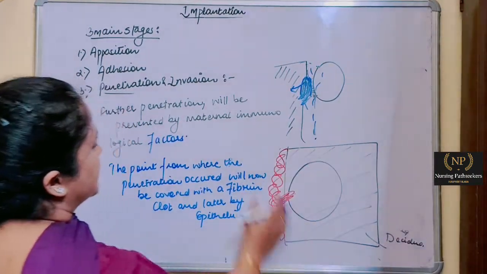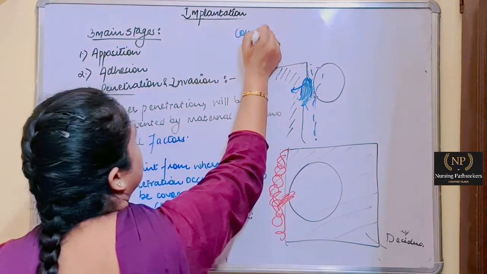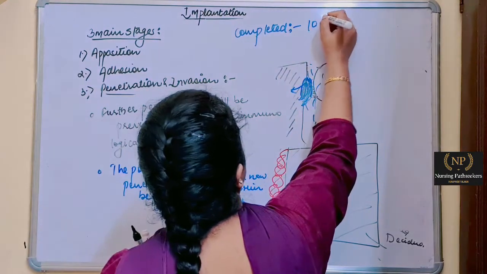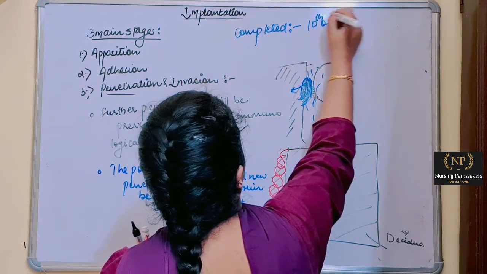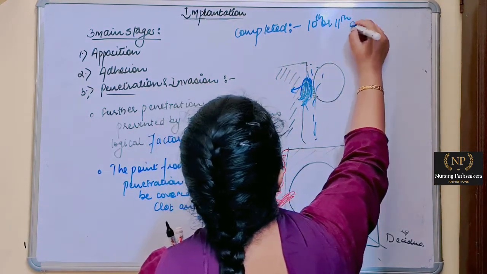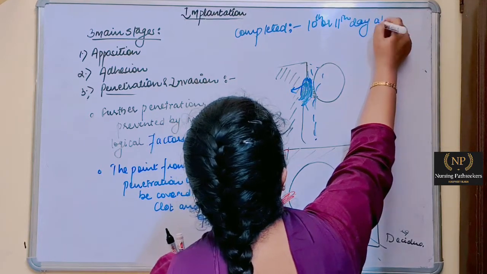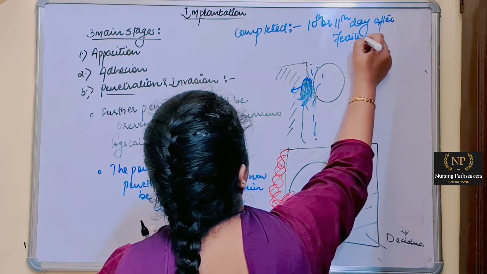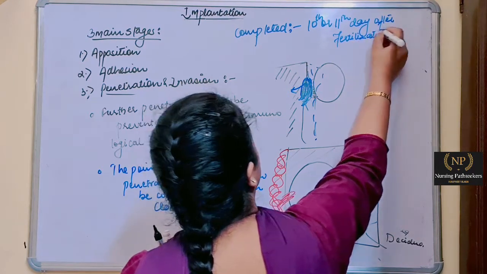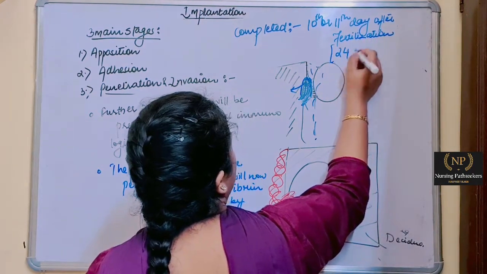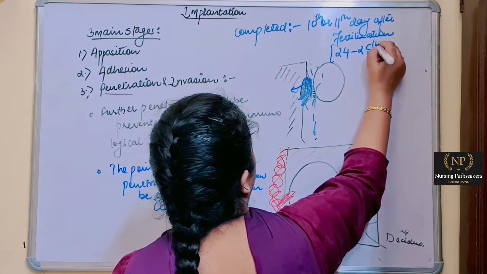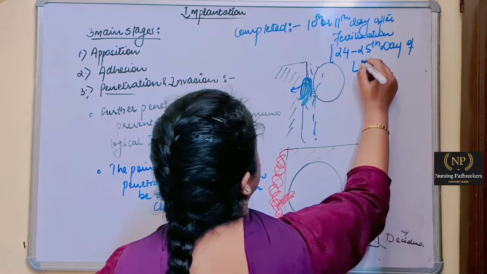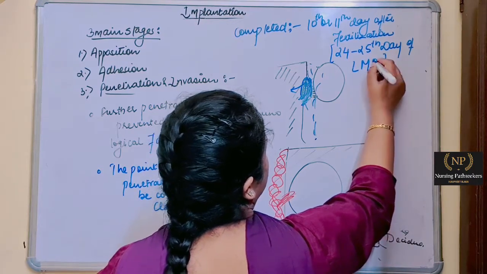Now this whole process is completed at the 10th or 11th day after fertilization, which corresponds to the 24th or 25th day of the last menstrual period.